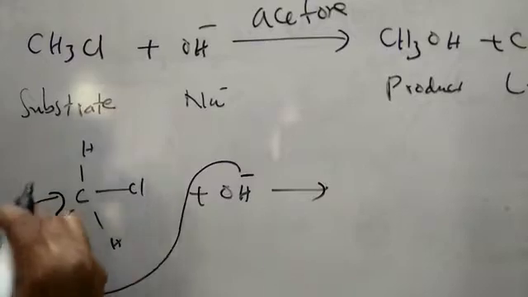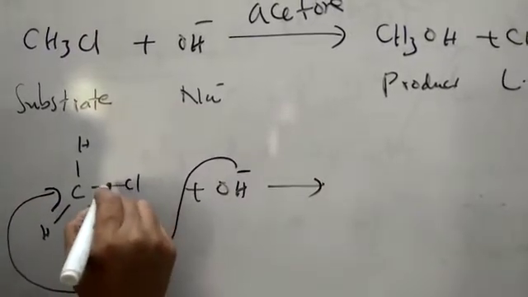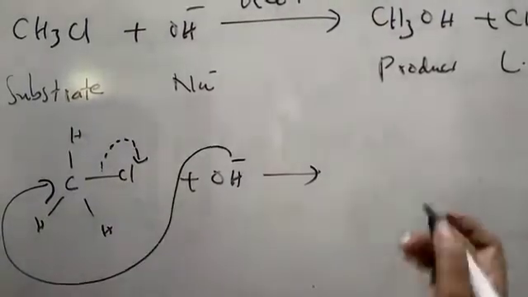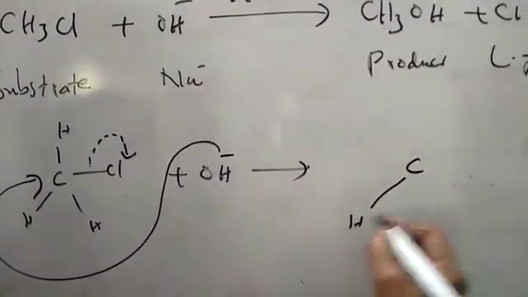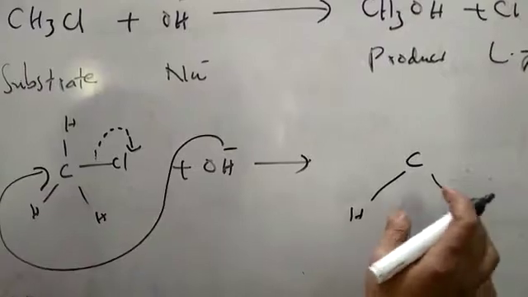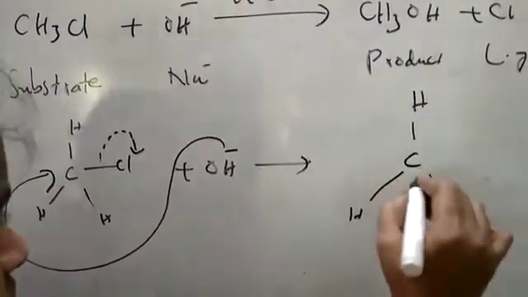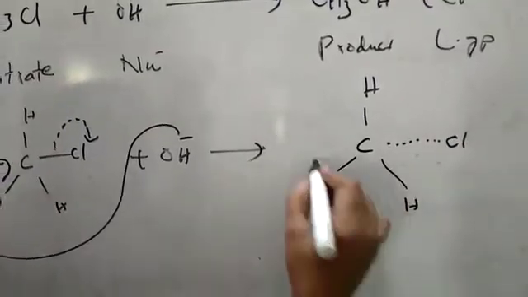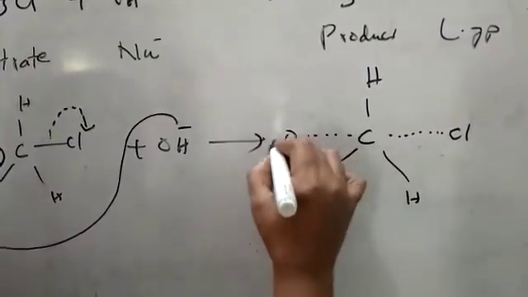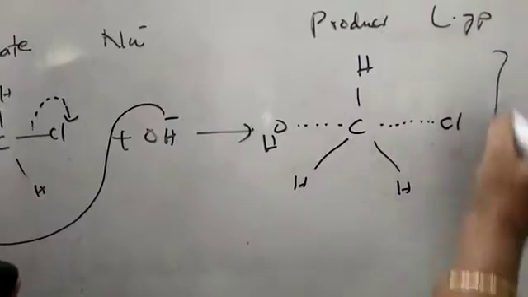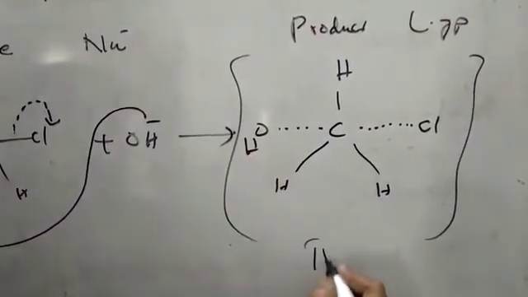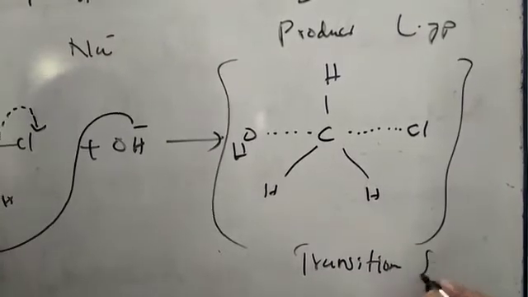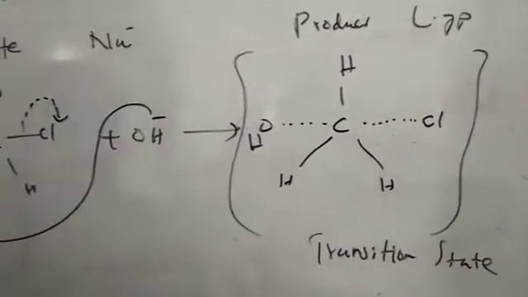It follows the backside attack, and Cl is removed with its electron because of its higher electronegativity. Now this is what we call the transition state. In the transition state, the chlorine takes back its electron and OH shares its electron, and this state is called the transition state.